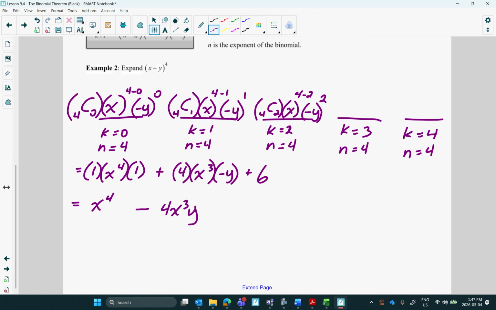Easier way to say this is x squared. And what's an easier way to say negative y squared? Doesn't it become y squared? So we get plus 6x squared, y squared.